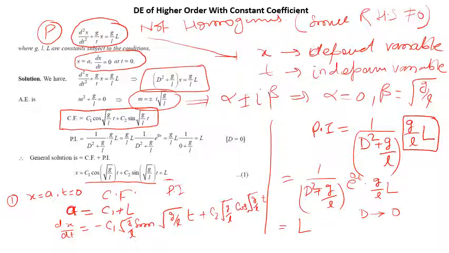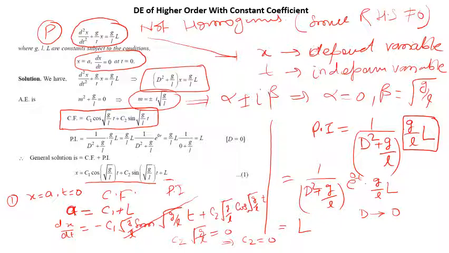Derivative of L is 0. Now if t is equal to 0, this part is 0. If t is equal to 0, c2 square root of g by L equal to 0. This implies that c2 equal to 0.